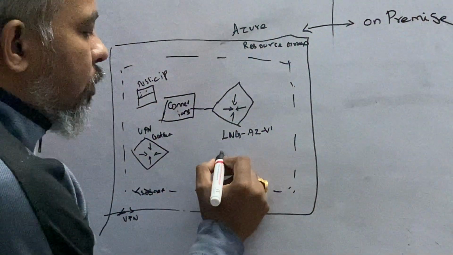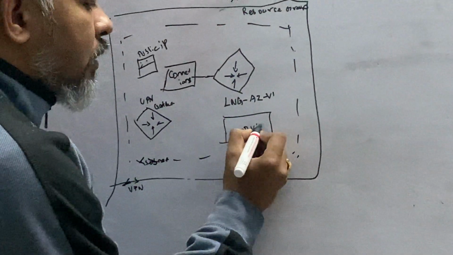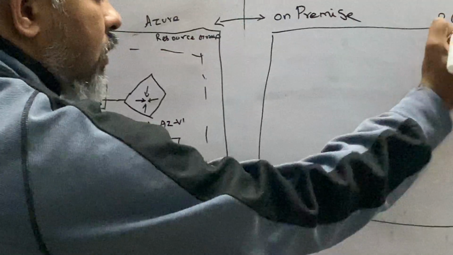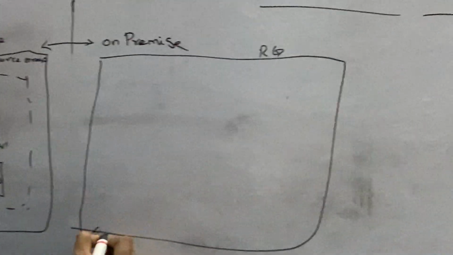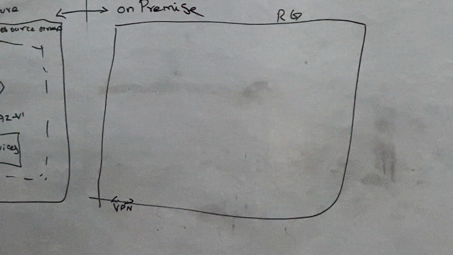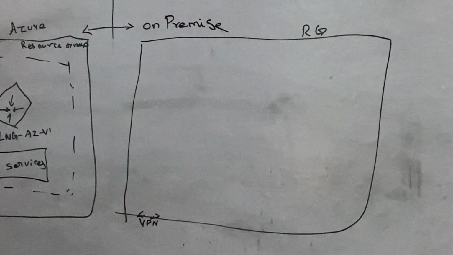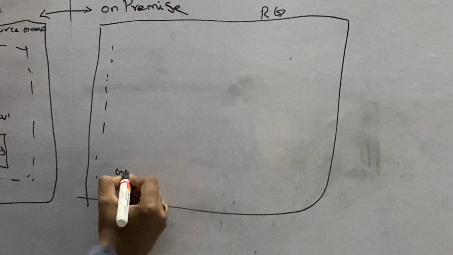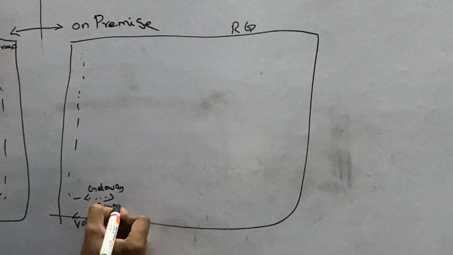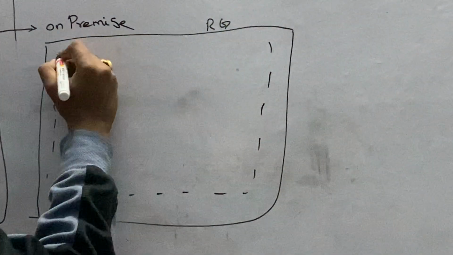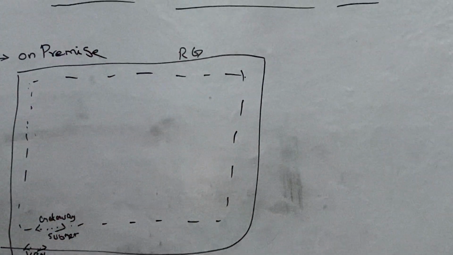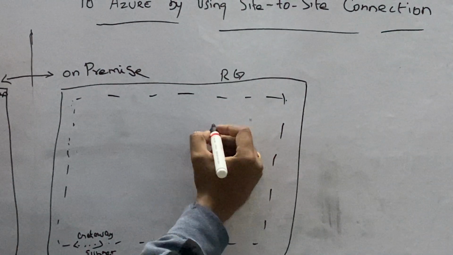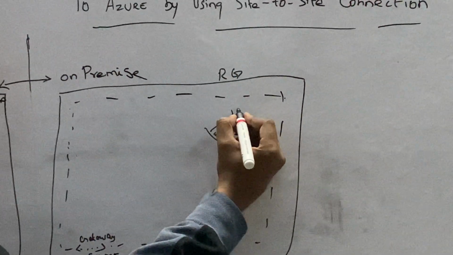Similarly, in Azure we are going to have services, and similarly in the on-premises you have a resource group RG, and then we'll be having a VPN, and then you'll be having a gateway subnet, and then a local network gateway.